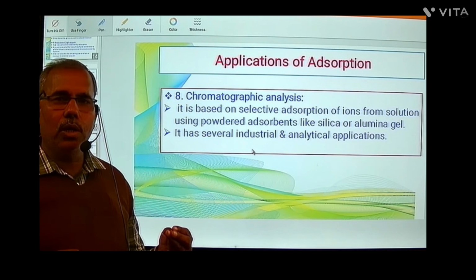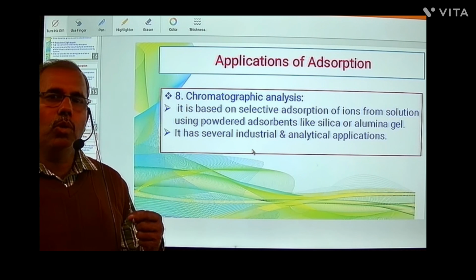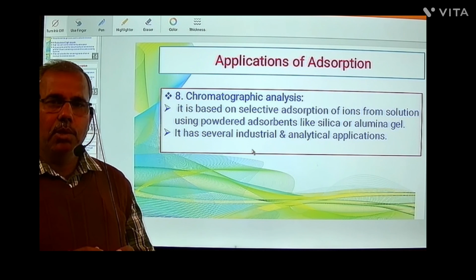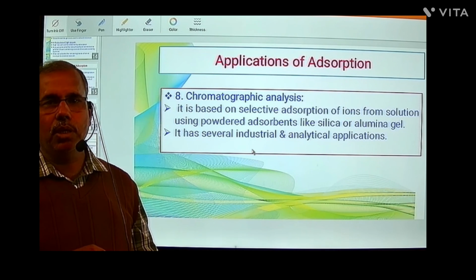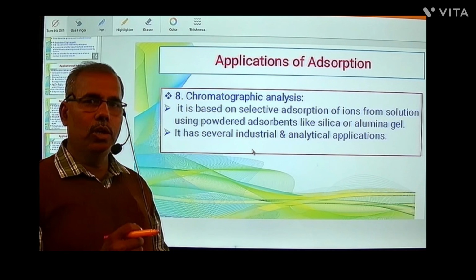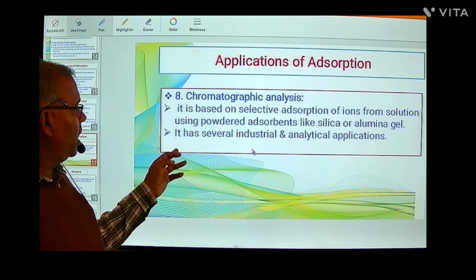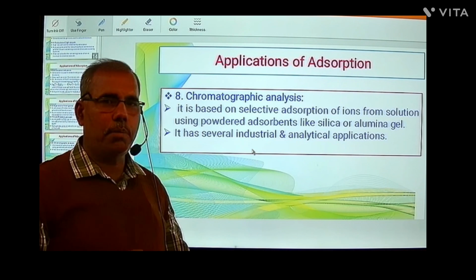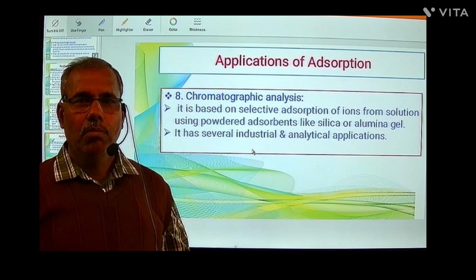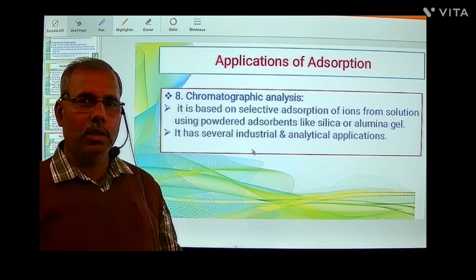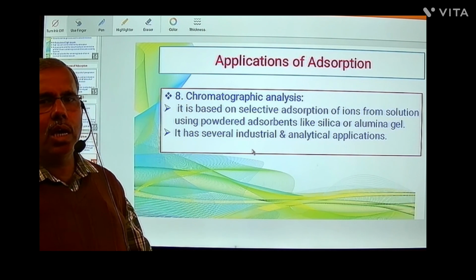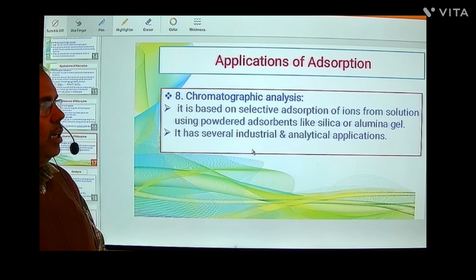The component with more tendency of adsorption is obtained afterwards, but the one with less capacity of adsorption is obtained first in the eluate. This technique has very large industrial and analytical applications.